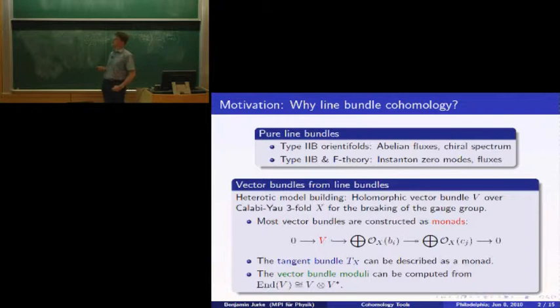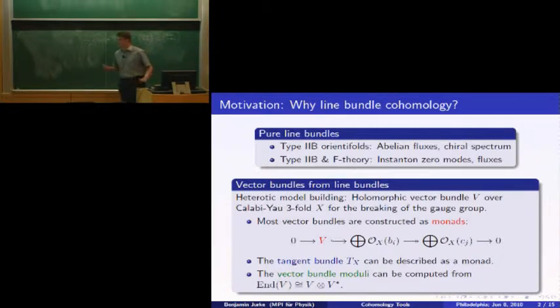Another important point is that vector bundles, in particular holomorphic vector bundles, can rather easily be constructed from line bundles. For example, there is the famous monad construction, where you take direct sums of line bundles and then construct a monad, which can also appear if you dualize the entire sequence.